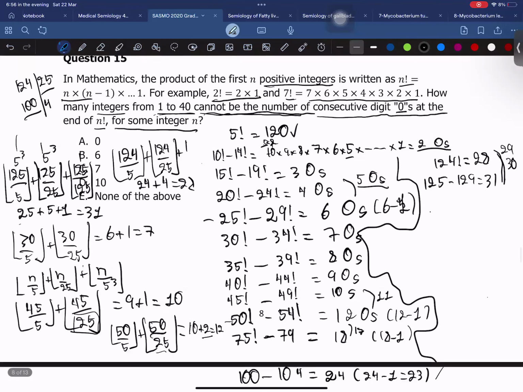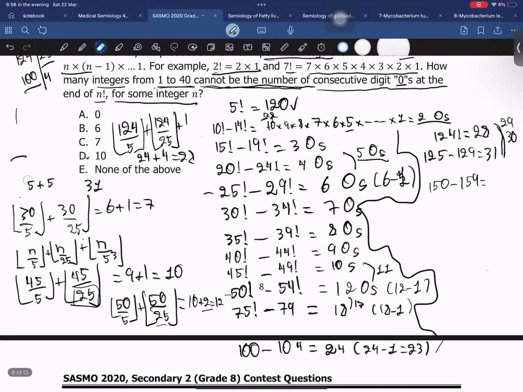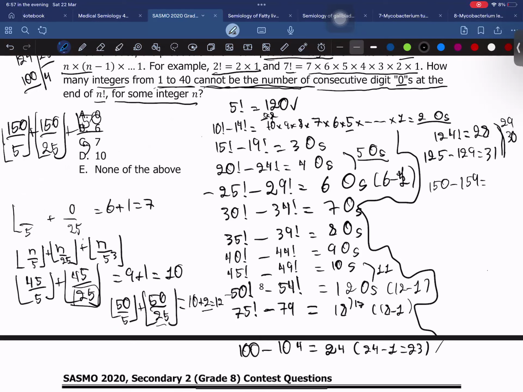And then we're going to have 150 till 159, which means we can do the same thing. 150 over 5 plus 150 over 25 plus 150 over 125. What we get here is 1, and for this, what did we get earlier? 4, 5, and 6. And this one we're going to have 3 zeros, so it's 37.